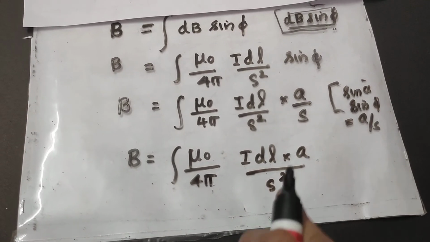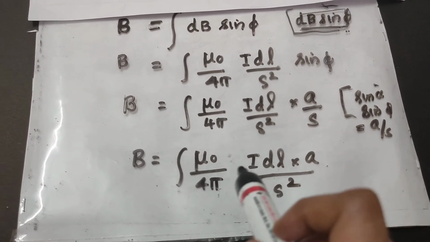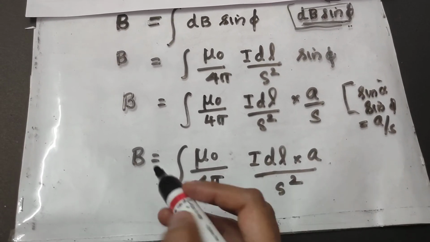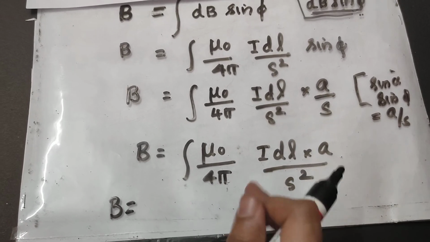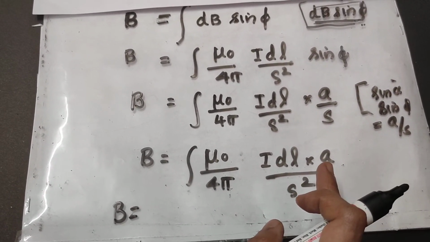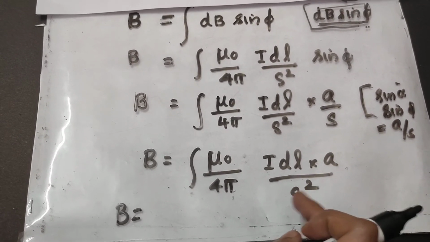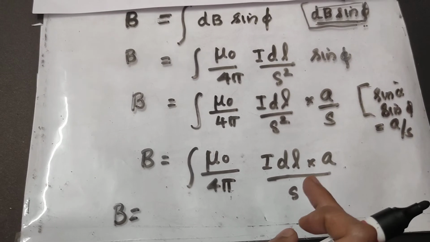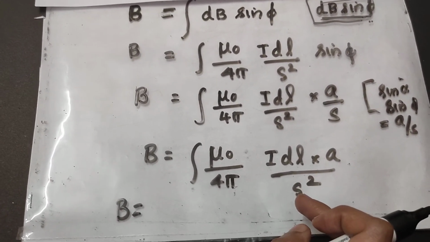Then let us integrate, and we know when you integrate, all the constant terms must be taken outside. So this equation will become B = μ0/4π, where I is the current flowing through the element, a is the radius of the circular loop, and s is the distance. All these are constants and we can take them outside.